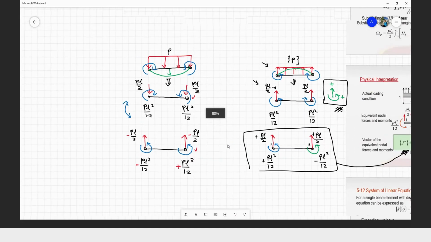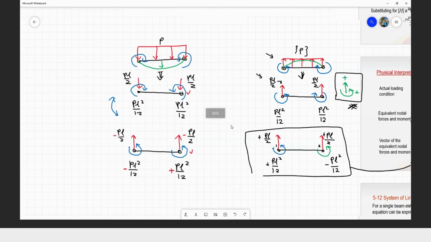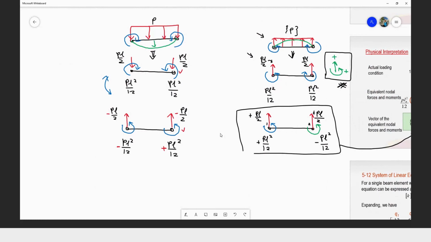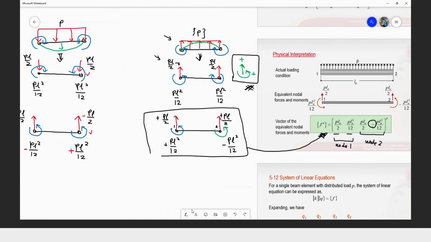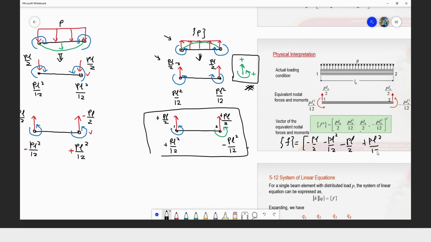So if your problem involves the distributed load in the downward direction, then your vector, instead of what you had earlier, which is what you have for the problem where the distributed load is in the upward direction, but for the downward direction you will have your F equal to negative PL over 2, negative PL squared over 12, then PL over 2, negative, and positive PL squared over 12.